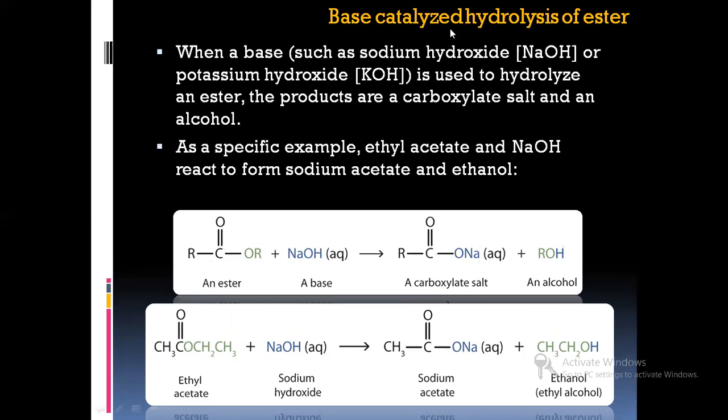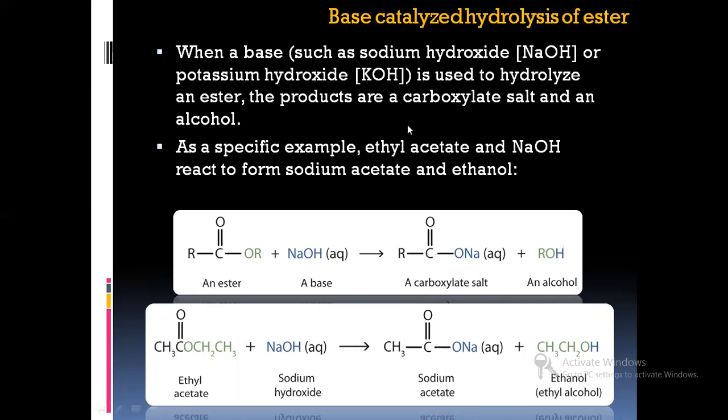Generally, this base-catalyzed hydrolysis of ester is a method referred to as saponification. I hope you know what saponification is. It's the reaction of a base with an ester, or any oil or fat content, resulting in the formation of a salt of carboxylate. A carboxylate salt is nothing but a soap, right?